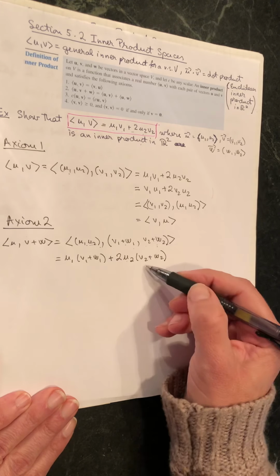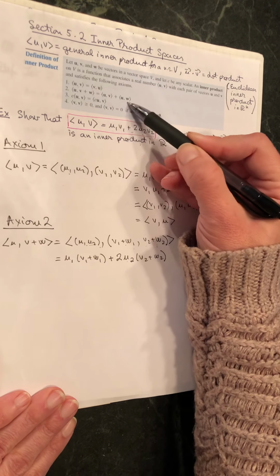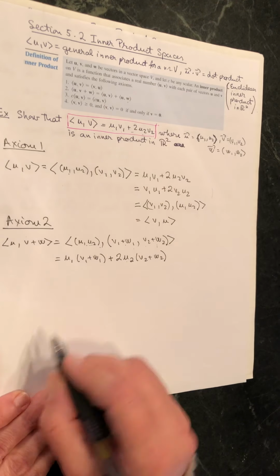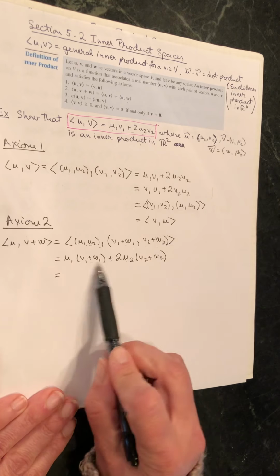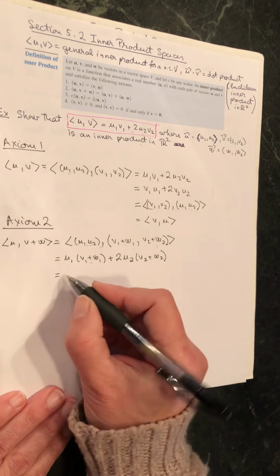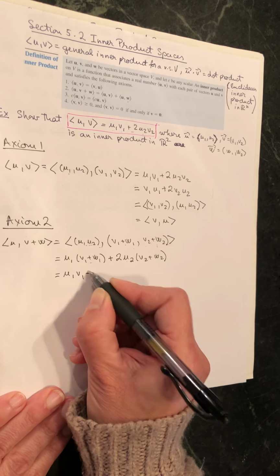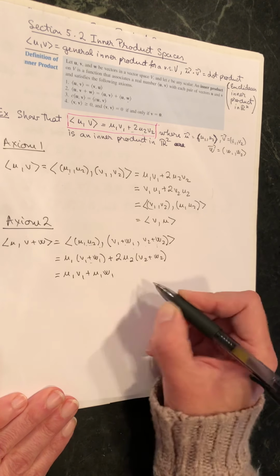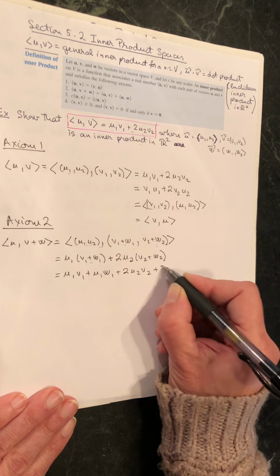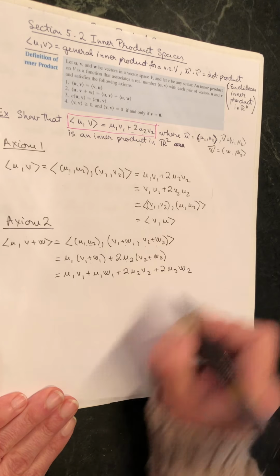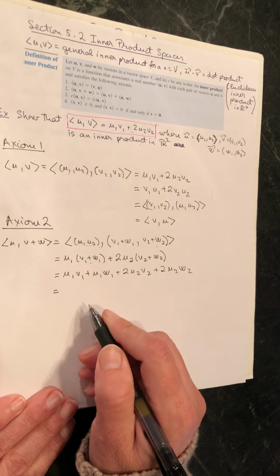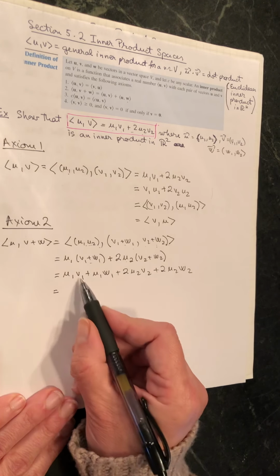My end goal is to separate this into two products, u with v and u with w. So I'm going to distribute and pull u and v aside and u and w aside. This becomes u1v1 plus u1w1 plus 2u2v2 plus 2u2w2.